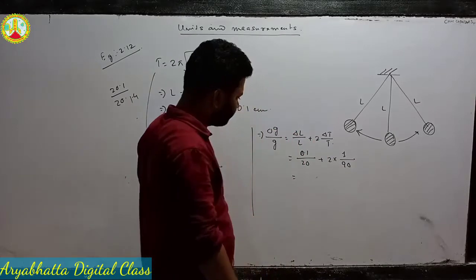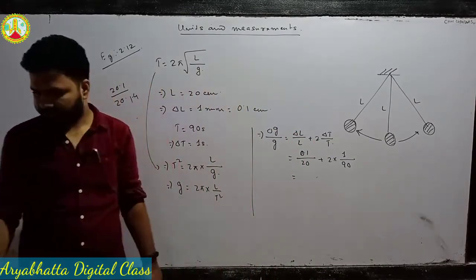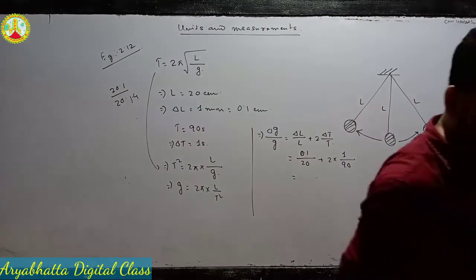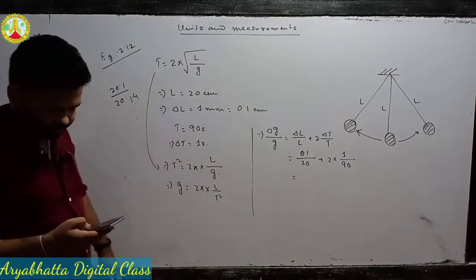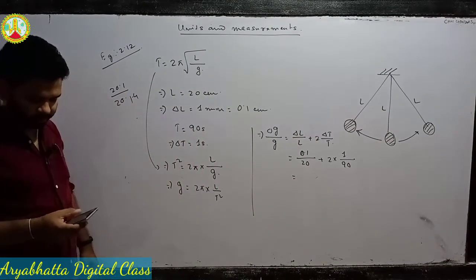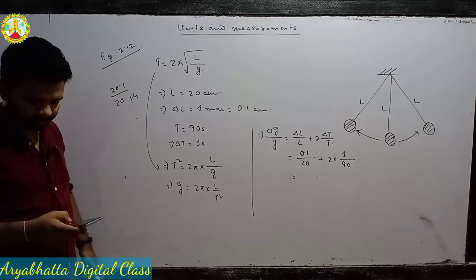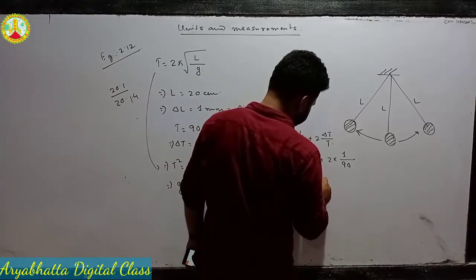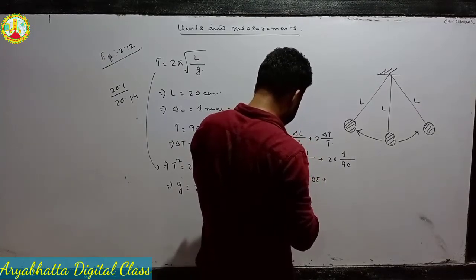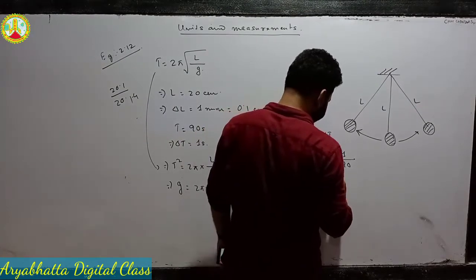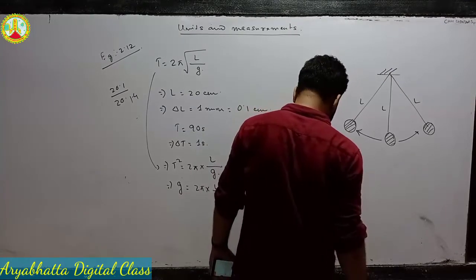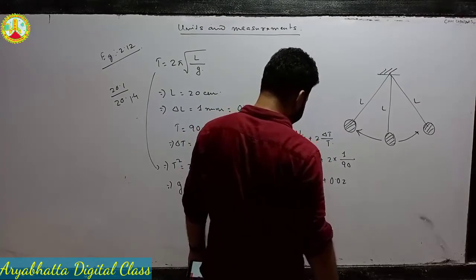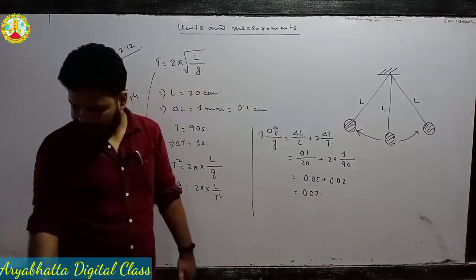So it will be 0.1 by 20, which is 0.005, and the other one is 2 divided by 90, that is 0.02. So it will be 0.07. Okay, is it 0.